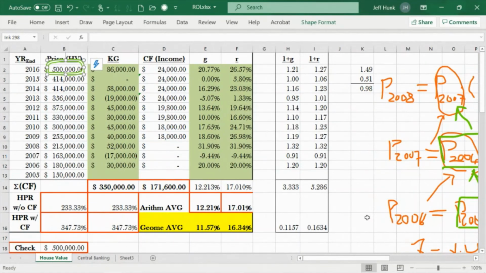Why? Because it's called compounding. It's like a snowball. Suppose you are standing on top of a snow-covered mountain, and you make a snowball, originally the size of your fist, and you drop it on the top of the mountain, and it rolls down.